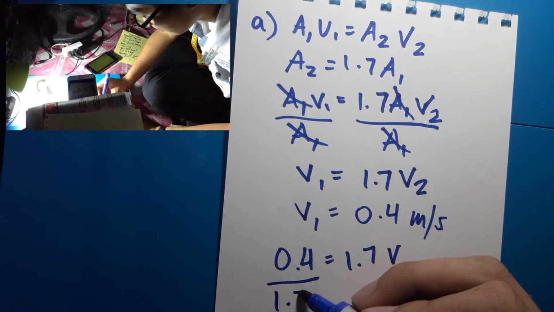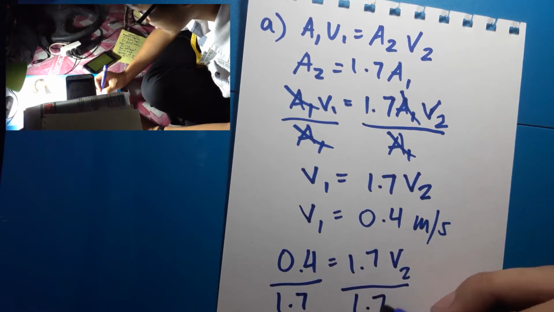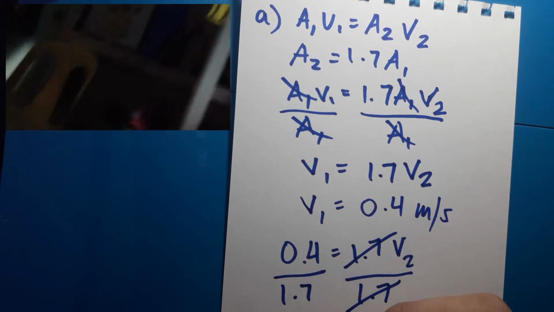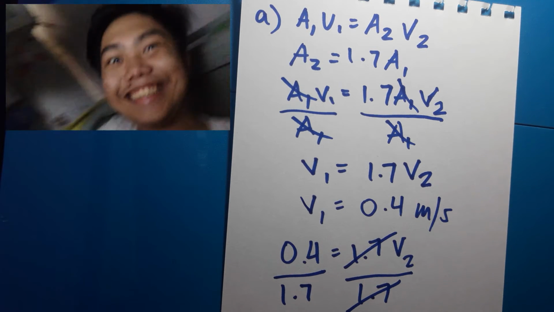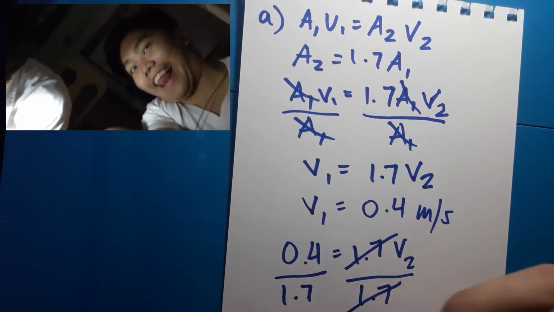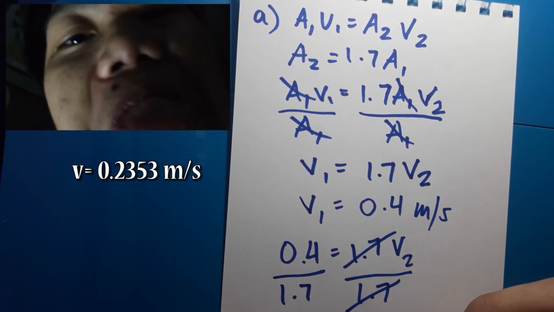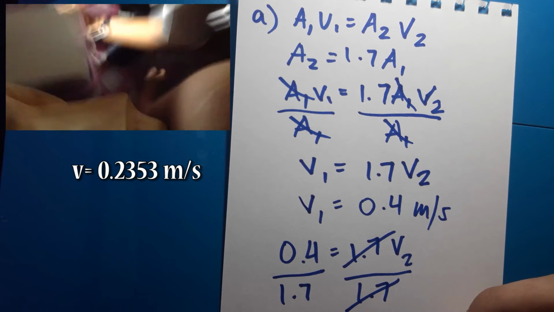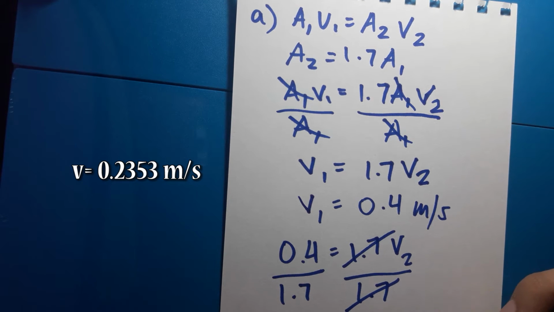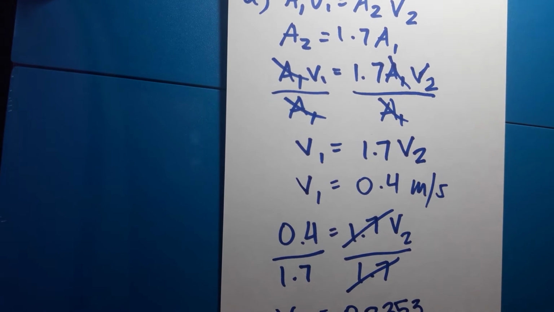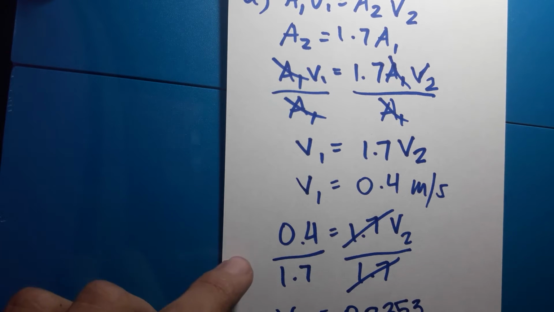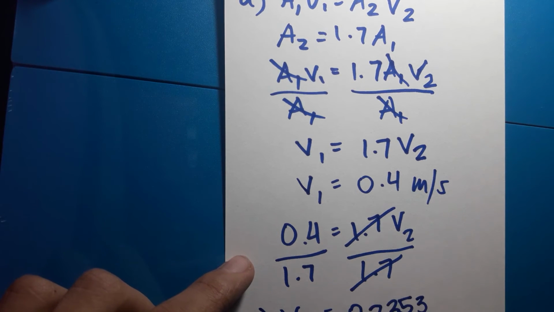Divide both sides by 1.7, and it will result in V2 equal to 0.2353. So we have the answer for letter A.